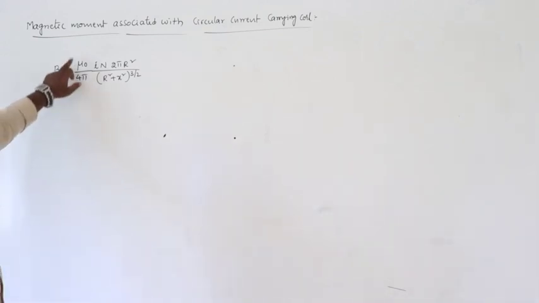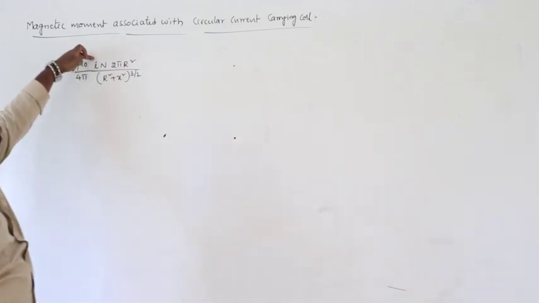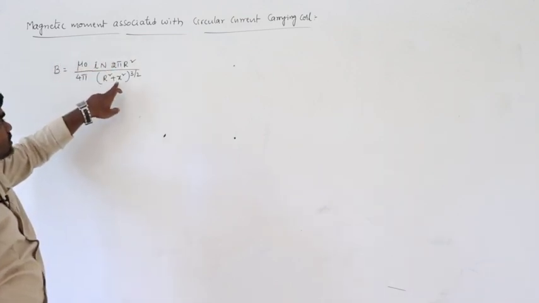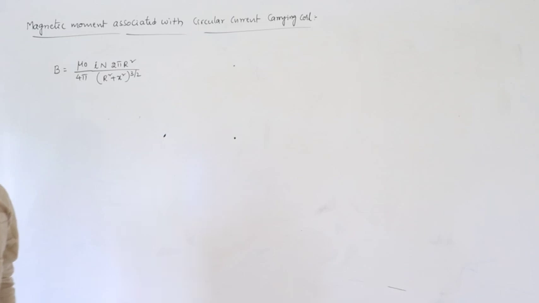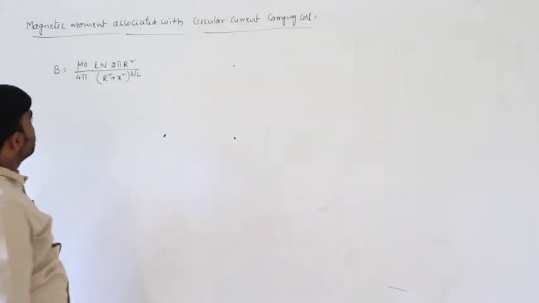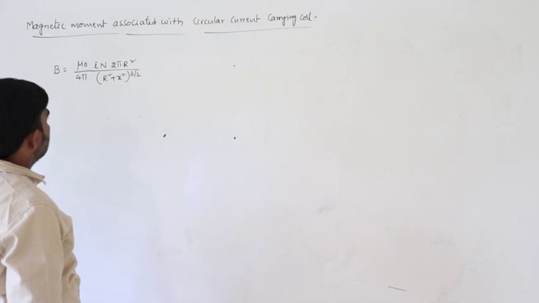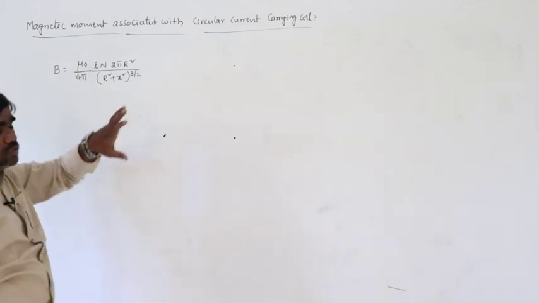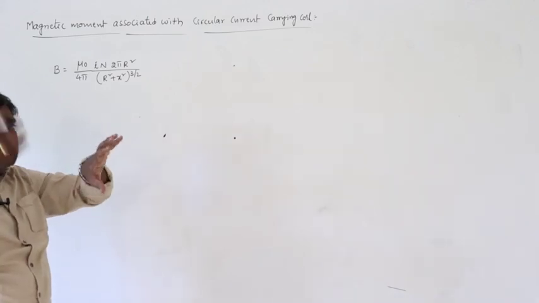B is equal to mu naught by 4 pi, I n 2 pi r square divided by r square plus x square whole power 3 by 2. This is the formula we got for the magnetic field associated with the circular coil at an axial point.